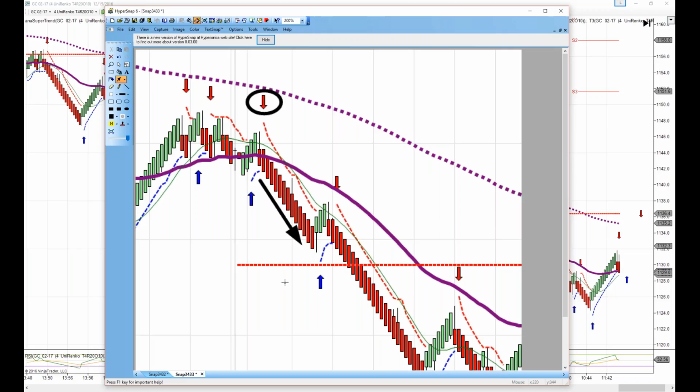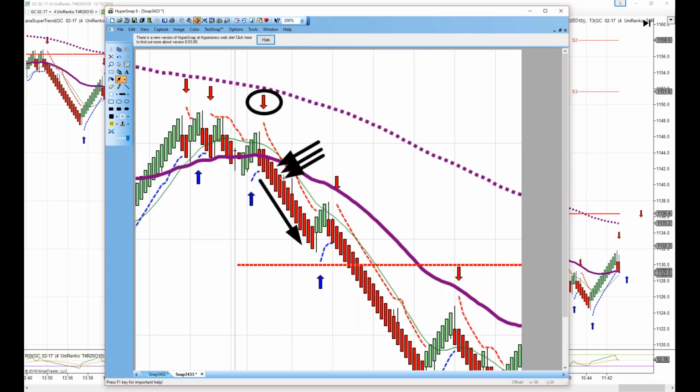And we can do some things here with the trade. We can use the bars as stop losses. One tick above each bar is a stop loss. So our stop loss would go one tick above this bar, and once the next bar got completed, it would go one tick above that bar.